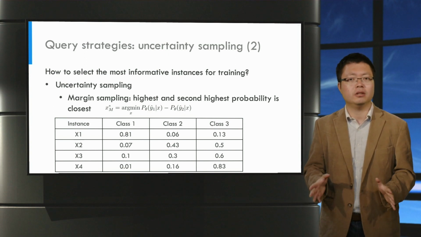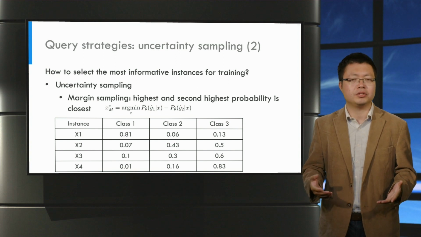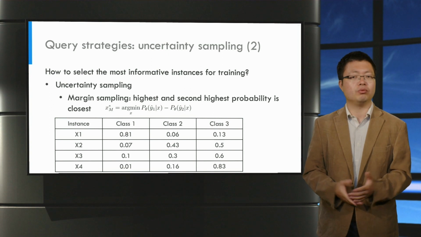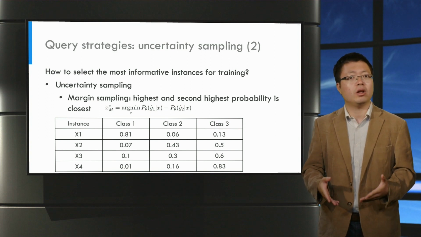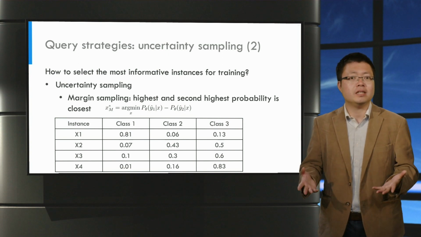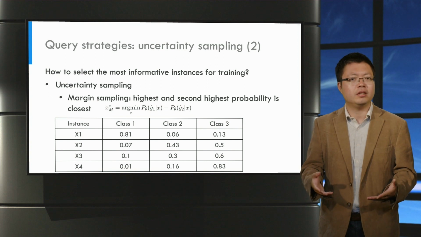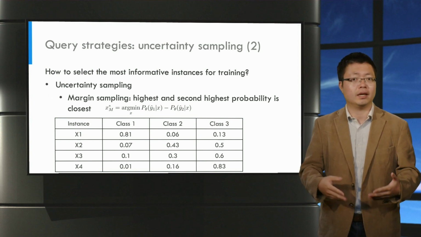Another sampling strategy, margin sampling, considers the 2 most probable labels. Intuitively, instances with a large margin in the prediction for the 2 most probable labels are easy, since the classifier has little doubt in differentiating between the 2 most likely class labels.